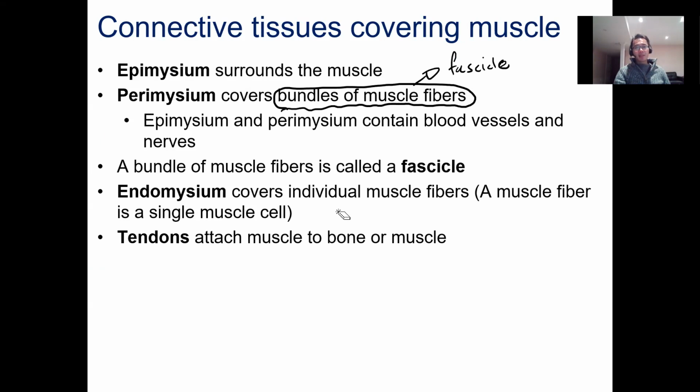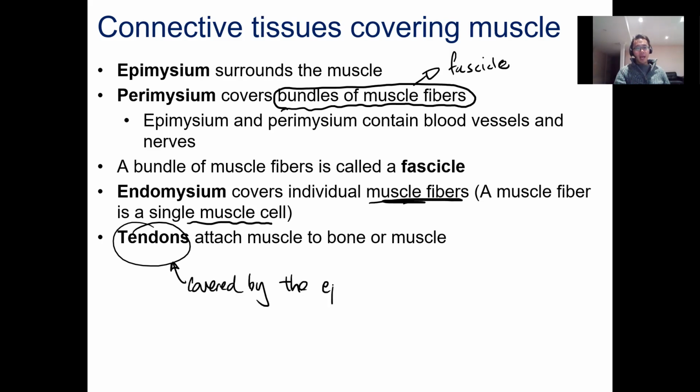And then the endomysium covers the individual muscle fiber, and a muscle fiber is basically a single muscle cell. Very long though. And of course the tendon attaches the muscle to the bone. The tendon is also covered by the epimysium.